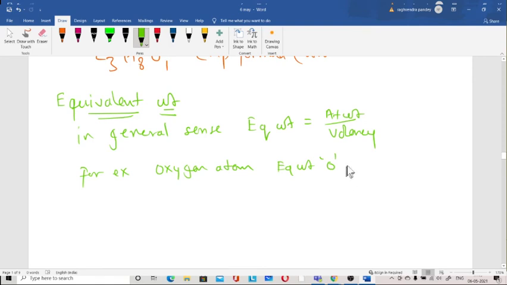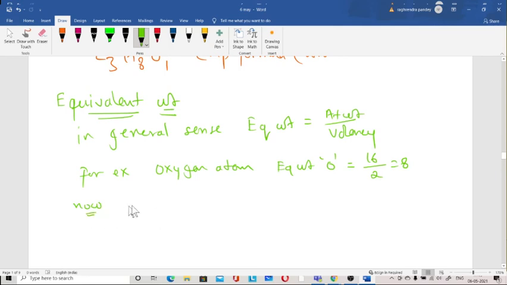The equivalent weight for the oxygen atom is 16, the atomic weight, divided by 2, so that will be 8. Okay, got it?